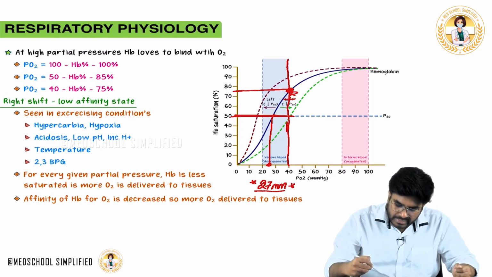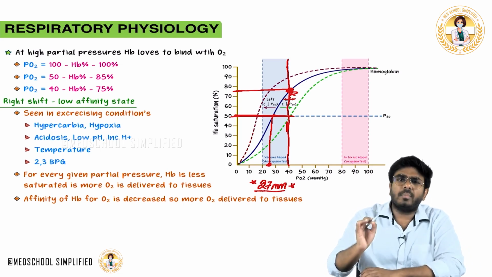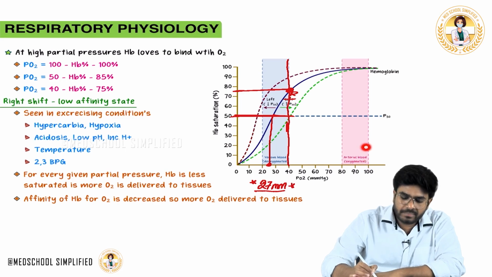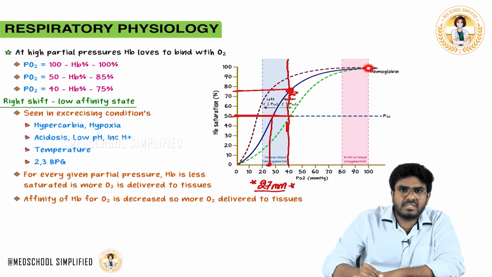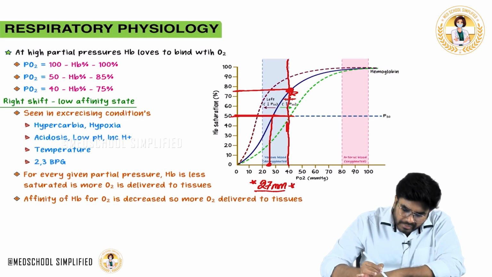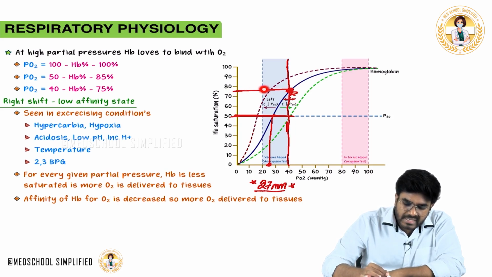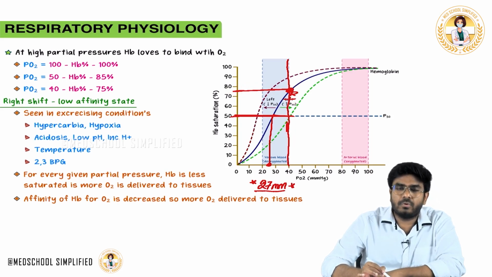Now, please look at here, guys. Normally, when the partial pressure of oxygen is 100 mmHg, hemoglobin is 100% saturated. In a normal individual, when the partial pressure of oxygen is 40 mmHg, please look at the blue color line, hemoglobin is 75% saturated. But my question to you, now look at the right shift.